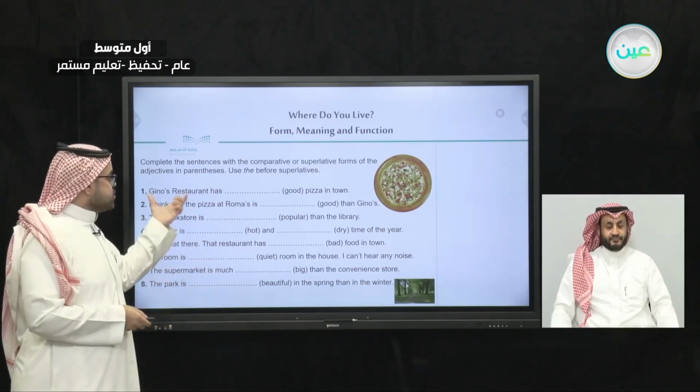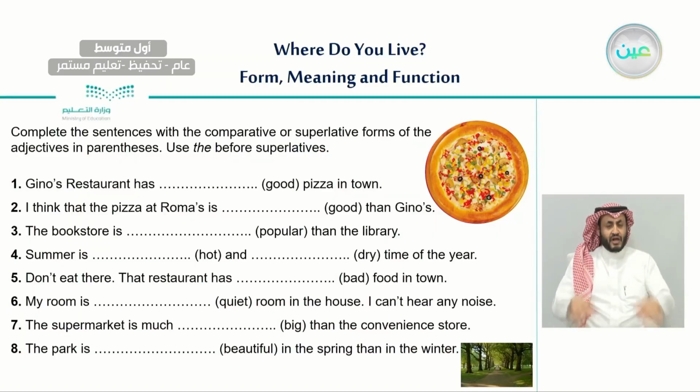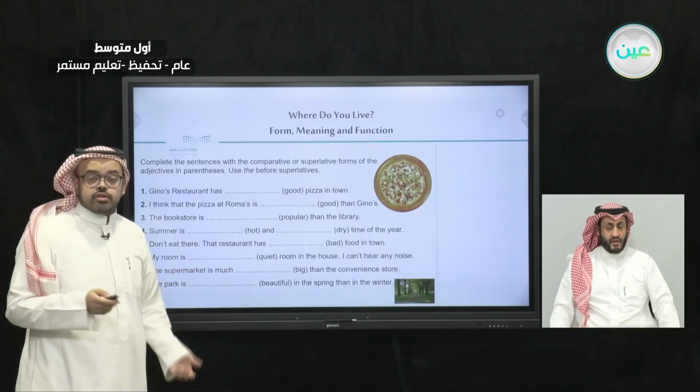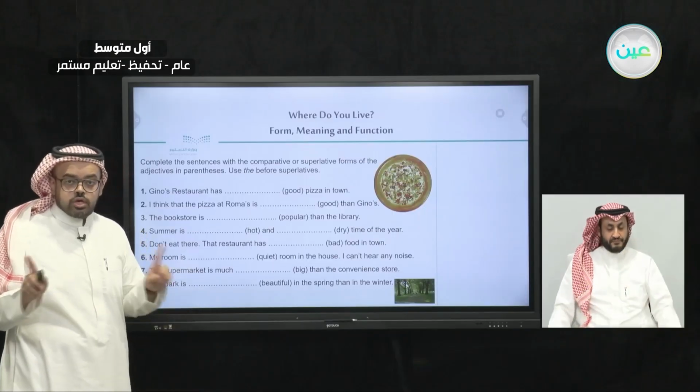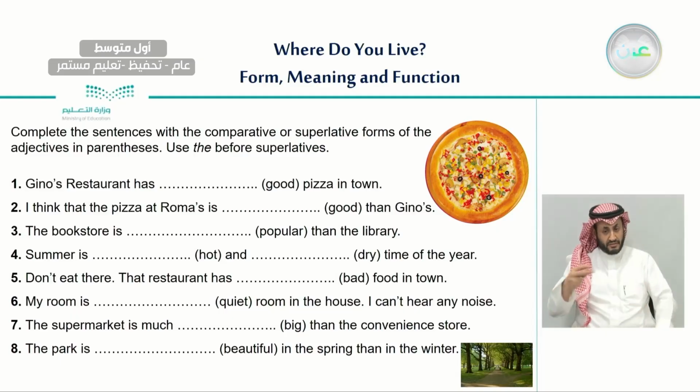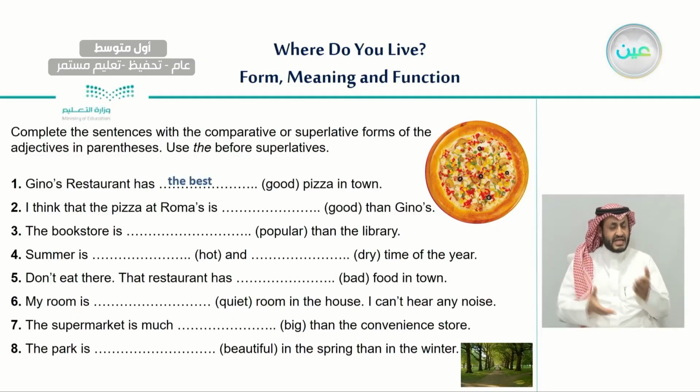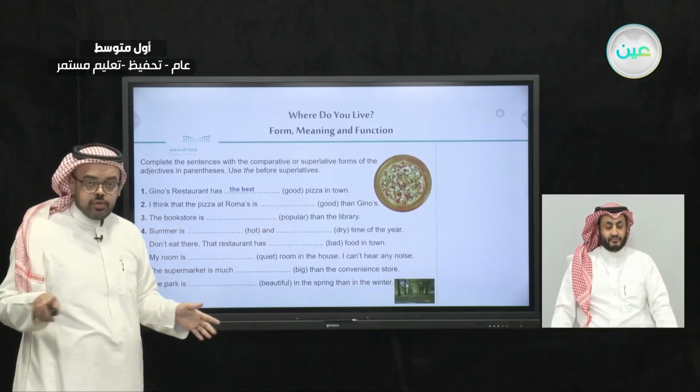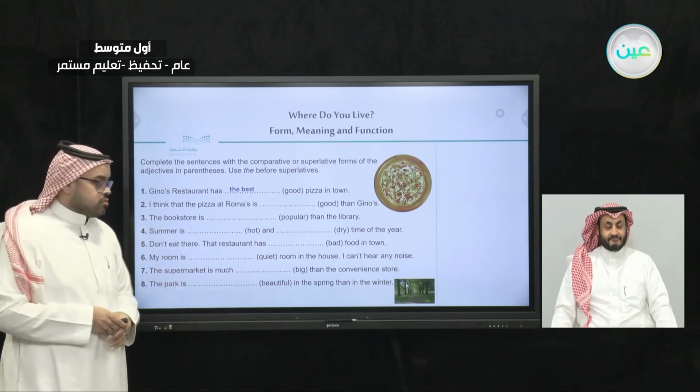It compares this restaurant with other pizza in the whole town, so it's not only between two restaurants. So here we would say, Gino's restaurant has the best pizza in town. Why? Because we're comparing the pizza restaurants all around the town and not only between two restaurants.